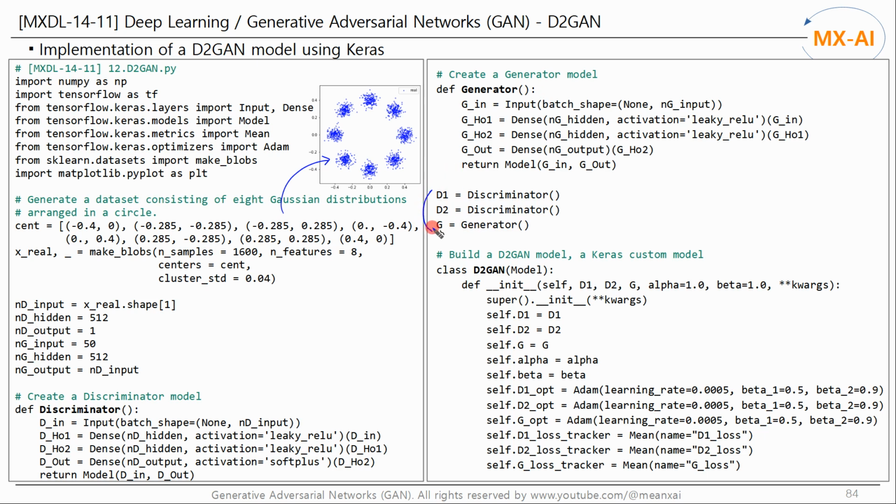We create 2 discriminator models, D1 and D2, and 1 generator model, G. Let's write a custom class to create the D2GAN model. The inputs to this class are D1, D2, G, and the hyperparameters alpha and beta. As with the previous code, we use the Adam optimizer.